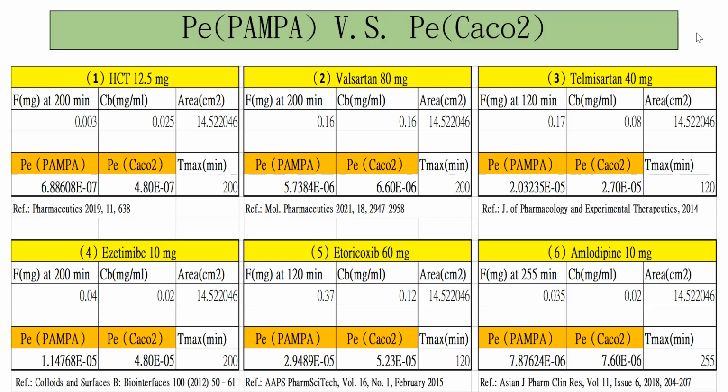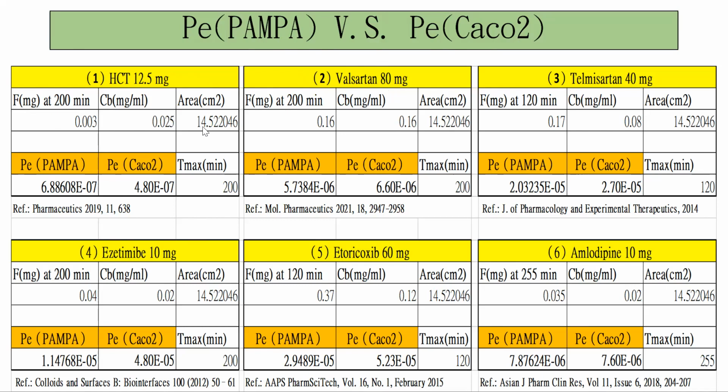data of comparison between the PAMPA and KCO2 indicate as following. We have 6 drugs: hydrochlorothiazide, bosentan, telmisartan, ezetimibe, etoricoxib, and amlodipine. And as you can see, F means drug absorbed, CB means drug concentration, and A is the PAMPA permeation area.